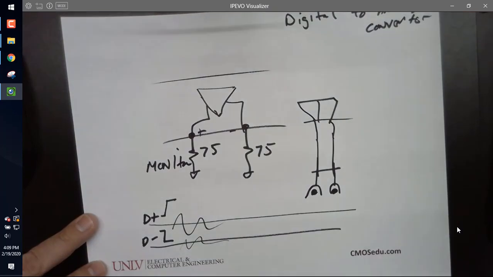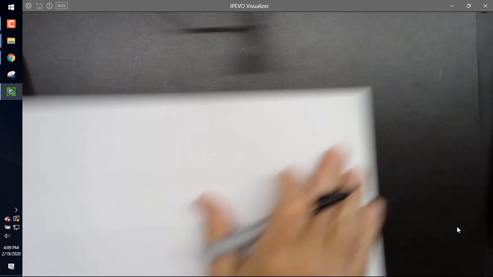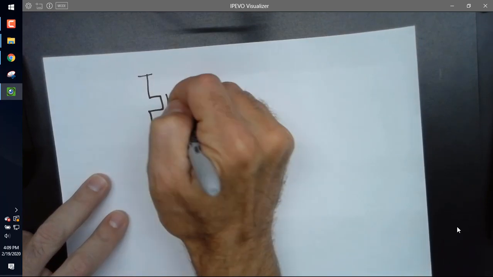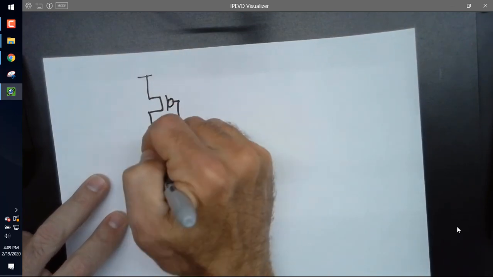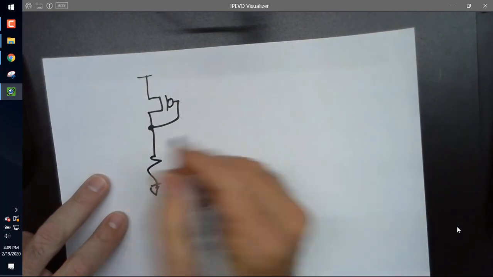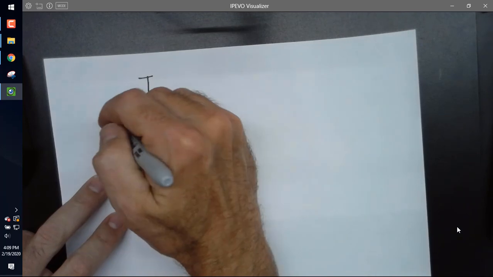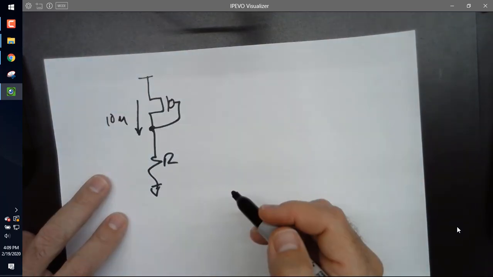Okay, so what we're going to do is the following. If I take this PMOS, and this all should look familiar from your homework assignment, and I bias it, so this has 10 microamps.